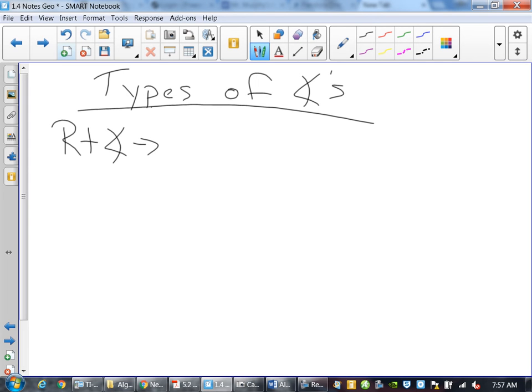I abbreviate a lot, so this just stands for a right angle. What does a right angle measure? 90 degrees. All right angles measure 90 degrees, otherwise known as pi over 2.